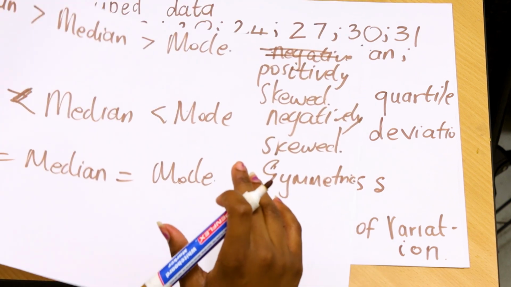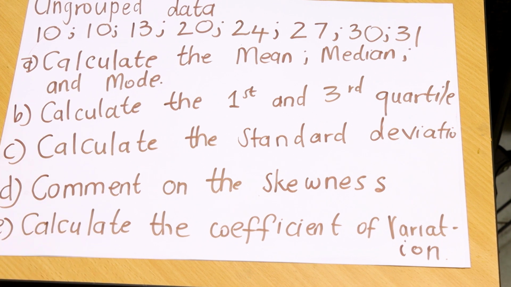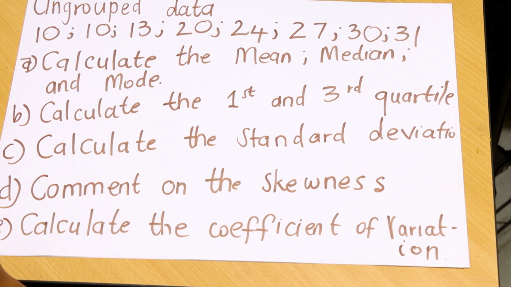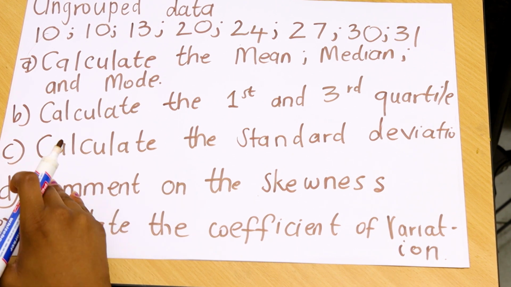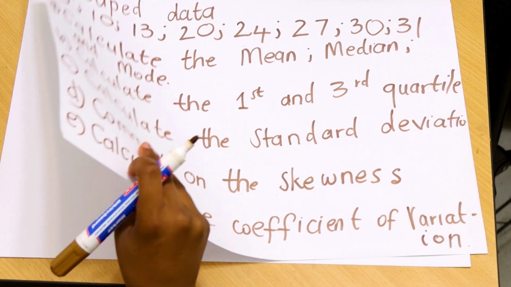And then the last question wants you to calculate the coefficient of variation. So the coefficient of variation is given by the standard deviation divided by the mean.